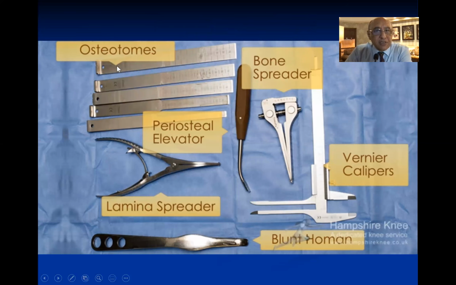The instruments you need are a set of flat osteotomes, which are graduated, a periosteal and laminar spreader, a bone spreader, vernier calipers, and a blunt Hohmann retractor.